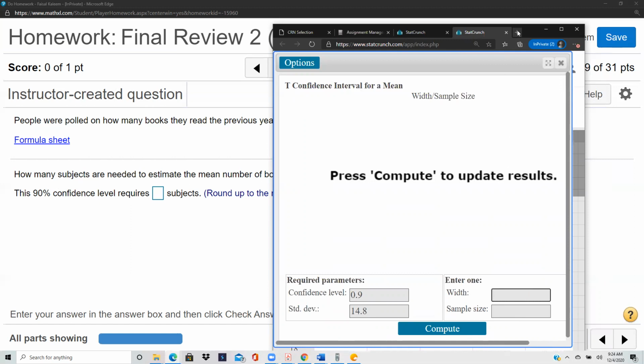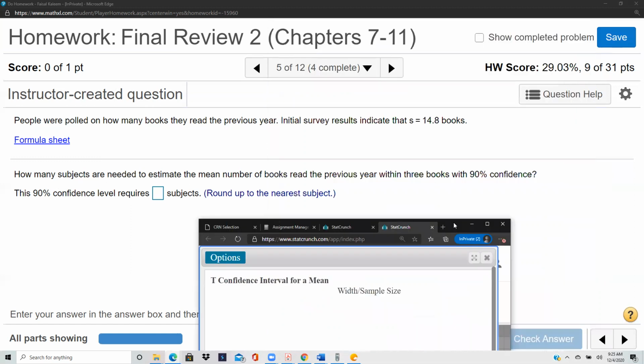So do they give us the width of the interval? The previous year? I don't know if that would be... Oh, good. Width of the interval is about the number of books. The previous year is just a point of time where you were studying. That is not a part of the calculation.